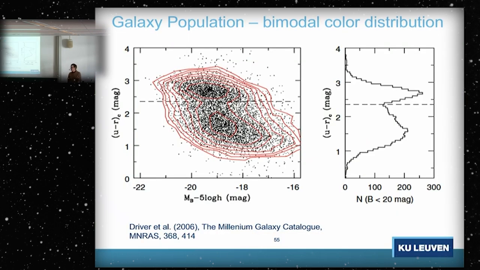So here is the color magnitude diagram, you can call it, of the galaxy populations from one of these statistical surveys. So classically, of course, what we have done as astronomers is that we have taken, galaxies are very beautiful, so we still photograph them, right?